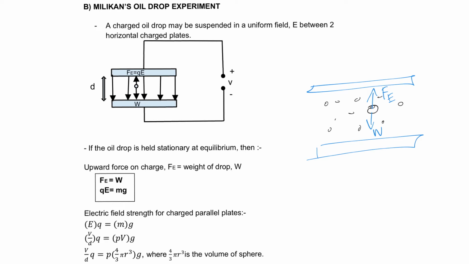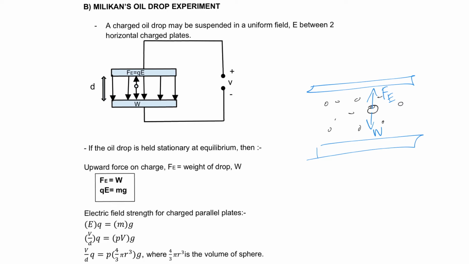And if you want it to stop falling, the electric force must be upwards. No matter whether your oil droplet is positively or negatively charged, you must make the electric force upwards. Why? The weight is always downwards. There's no such thing as a weight acting upwards. So if you want it to balance, that means not fall anymore, your electric force has to be upwards.